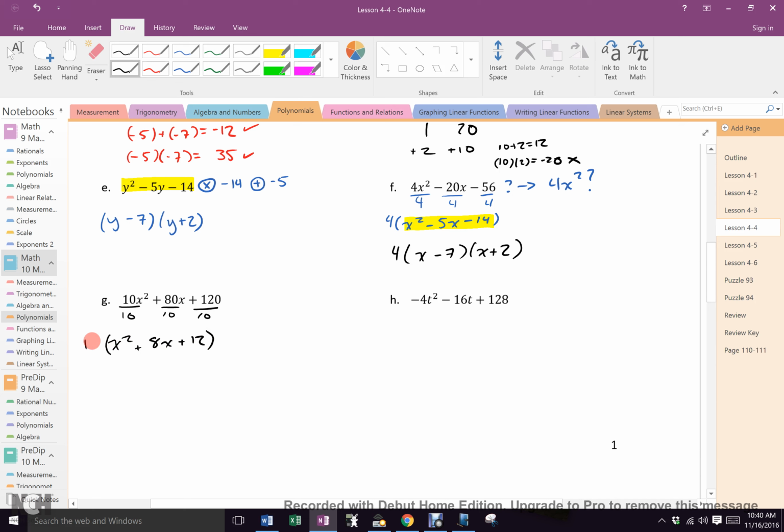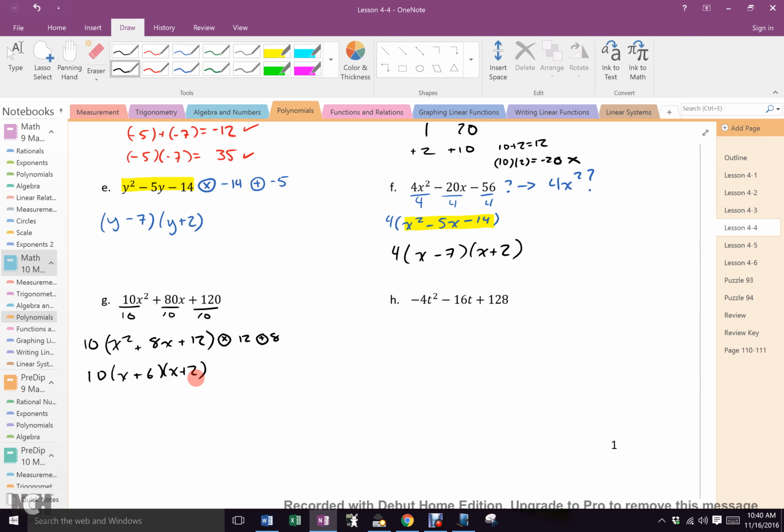And there's a 10 out in front of it. Now, can I factor that? What do I got to multiply to? What do I got to add to? What is it? X plus 6, x plus 2. Is everybody feeling good?